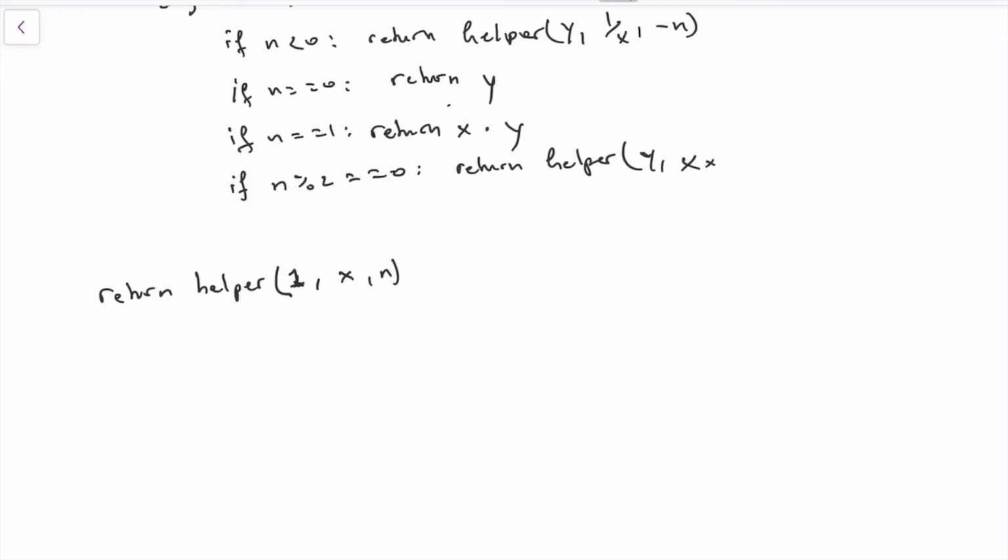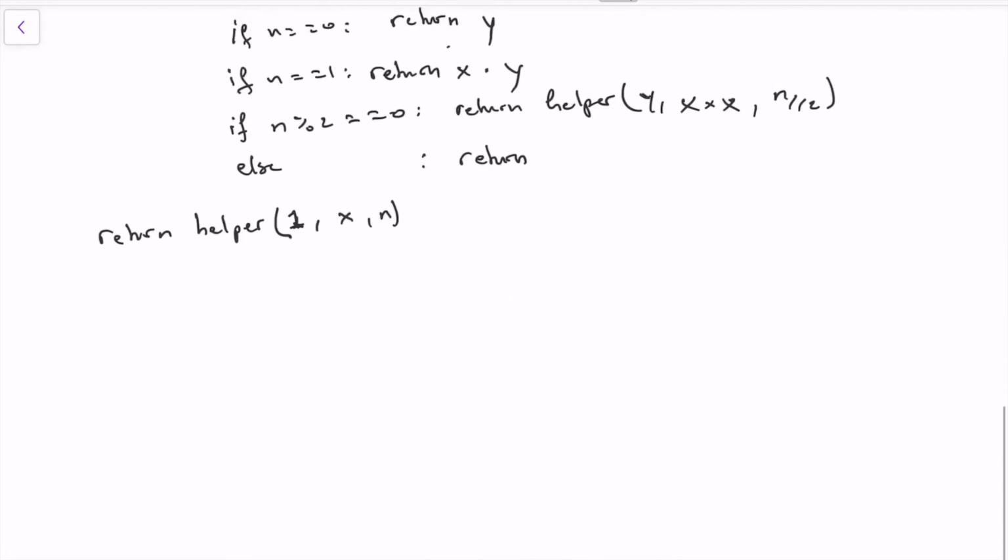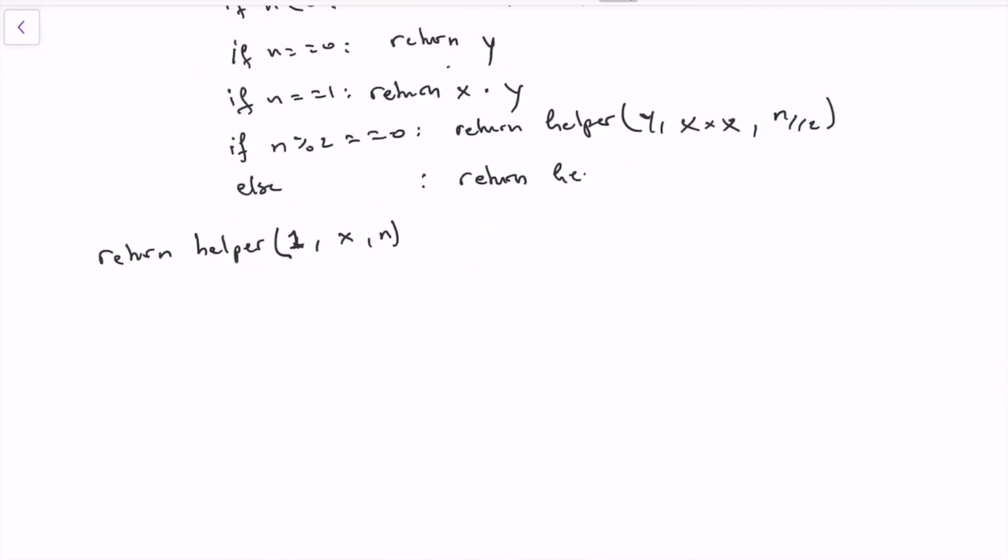Now if it's odd, that's where the change would happen, because that was where the function was not tail recursive. Instead of multiplying by x, we'll just call the helper function right away, and y is the final result, and so we will multiply y by x, and then we'll pass the same thing we were passing before. So this would be n minus 1 divided by 2.